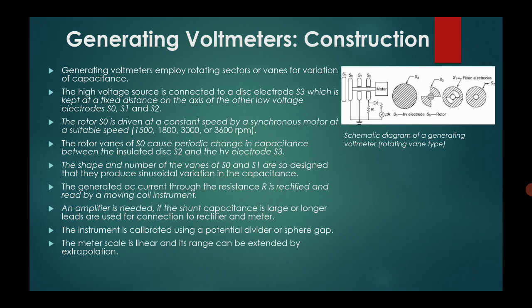So you can see you can have different vanes or rotating sectors given on the right hand side. The high voltage source is connected to a disc electrode S3. You see S3 being shown there, which is kept at a fixed distance on the axis of the other low voltage electrodes S0, S1 and S2.